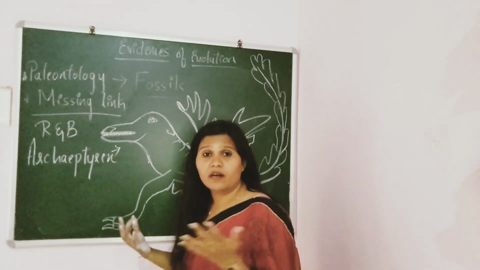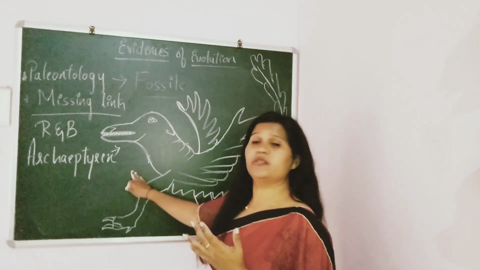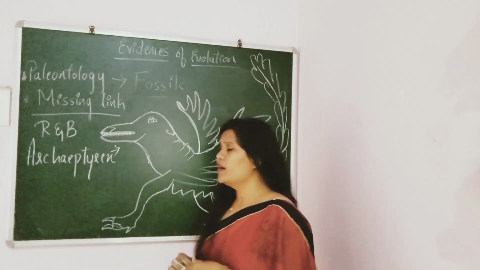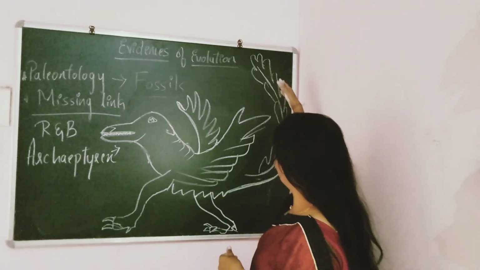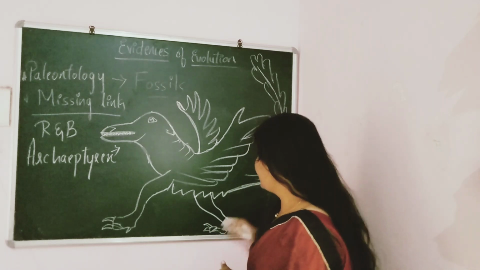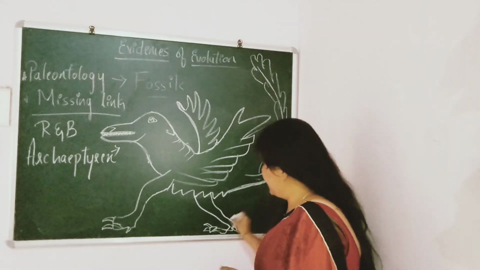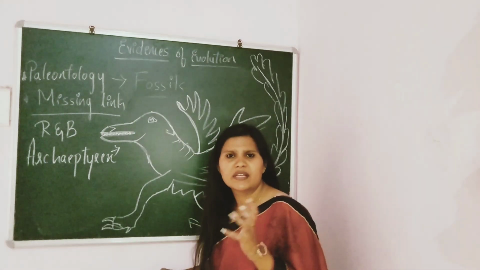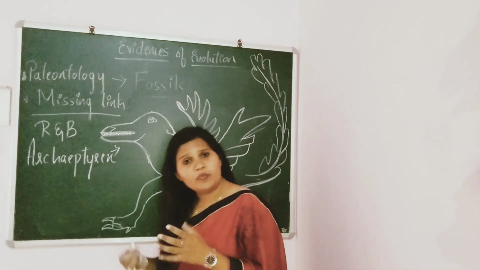But it developed the wings and also the beak. So see the structure. Here is the tail region, and have a look at the legs. Can you see the sharp organs, which are the claws? Have you seen claws on birds?